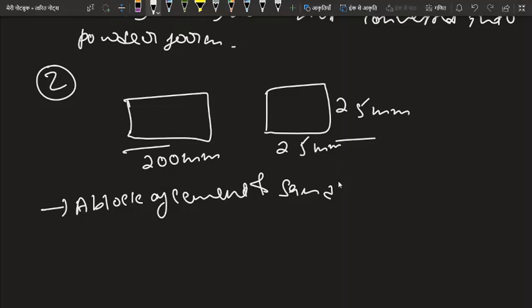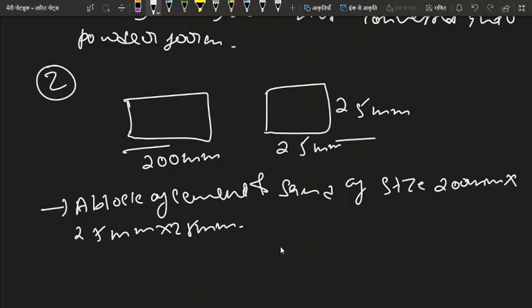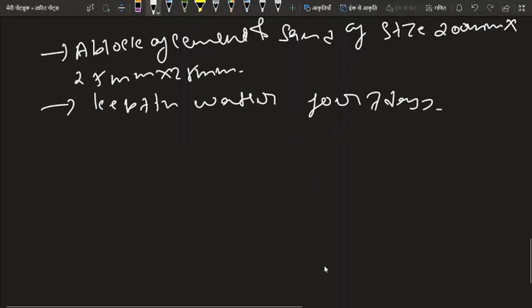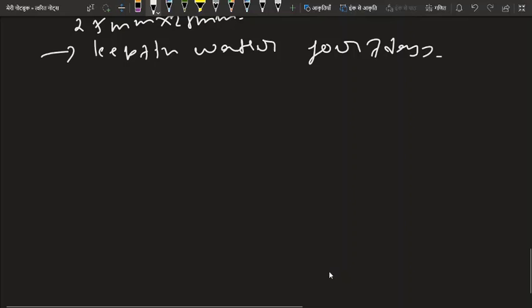It is of size 200 mm by 25 mm by 25 mm, and this specimen is kept in water for 7 days. Now after 7 days, the specimen is placed on two supports which are spaced 150 mm apart.